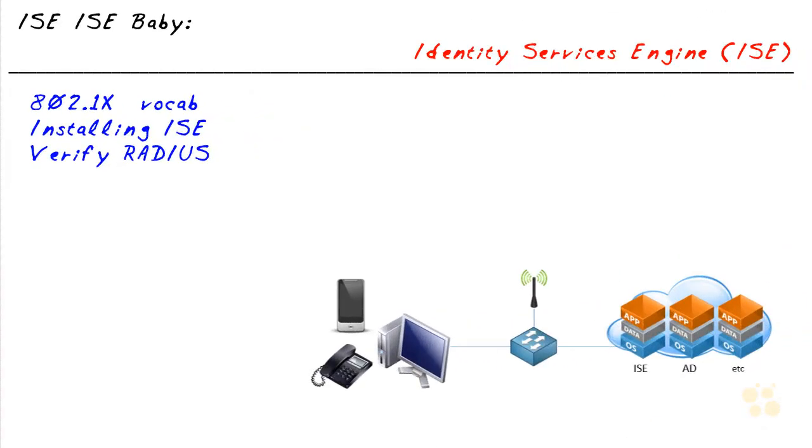So in this video, we've identified some vocabulary associated with 802.1X: the supplicant who's supplying credentials, an authenticator who's requesting those credentials, and a backend AAA server acting as an authentication server, in this case being played by ICE, to validate those credentials.